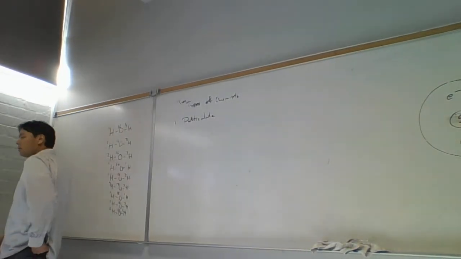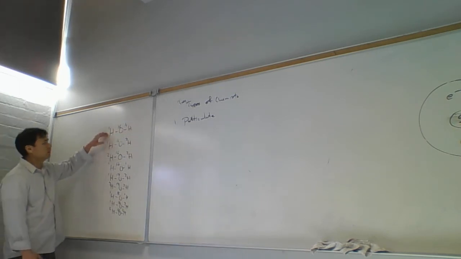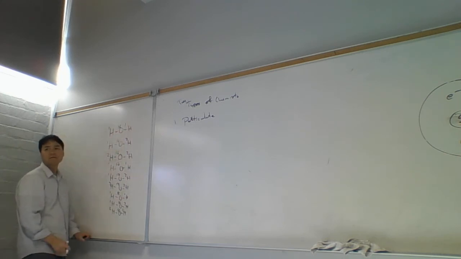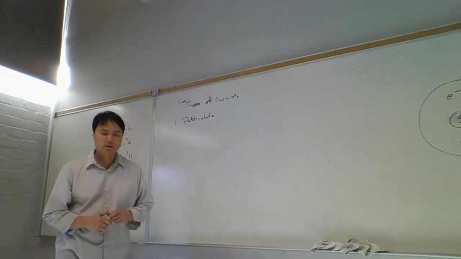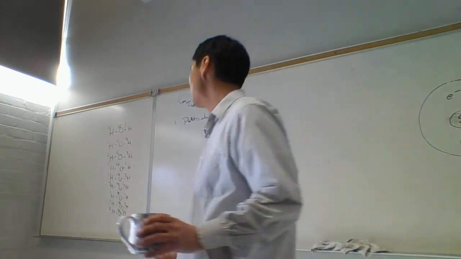The difference, though, will be in how much they weigh. And so, this one's going to weigh about how many U, roughly? Well, how much does a hydrogen atom weigh, roughly? 1 U. We have 2 of them, so there's going to be 2.